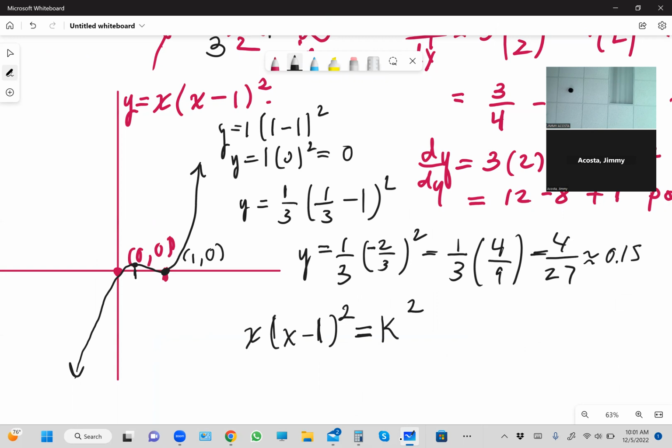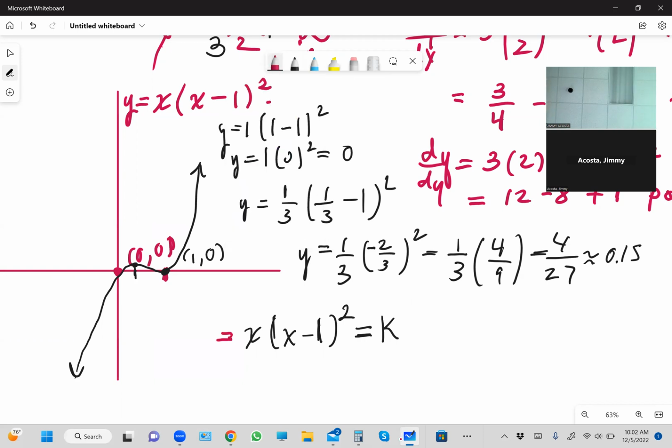Now, I want to show you another way of doing this, which is more secure. What are we doing? We're trying to figure out the values of k where we're going to get exactly one real root. So I want to take my time and show you something here.